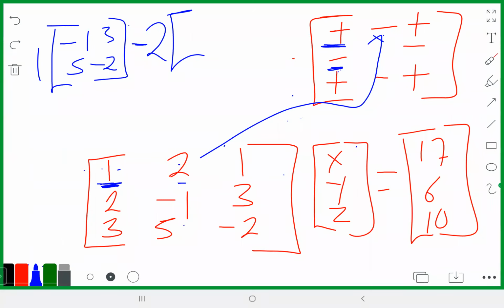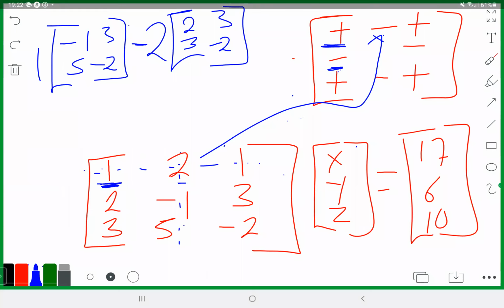Then when you do that, you delete the row, also the column in which this number lies. What do you remain with? You remain with 2, 3, another 3, and -2. Is that clear? Then you go to the last one. This last one here is 1 positive.